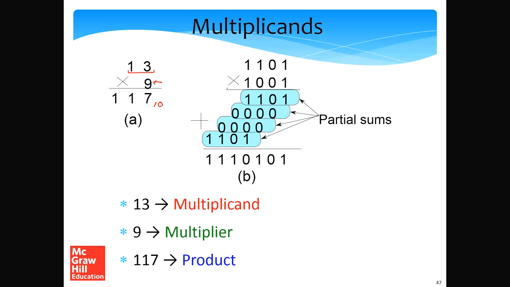One of the numbers which is written at the top, let's just call it the multiplicand, and the one that's written at the bottom, the multiplier. So in this case, 13 is written at the top, so that's the multiplicand, and 9 is the multiplier, and 117 is the product. So in this case, 1101, which is the binary representation of 13, is the multiplicand, and 9 is the multiplier.